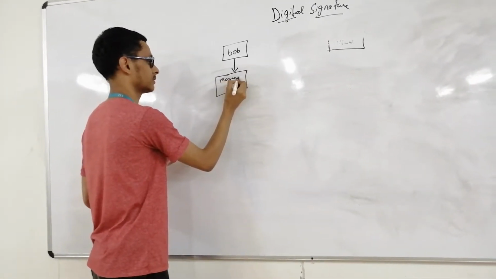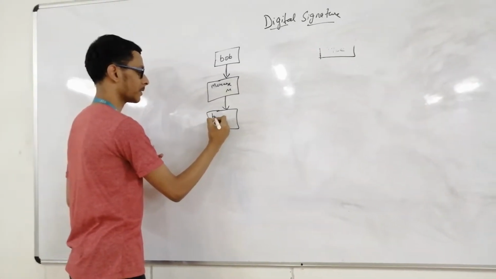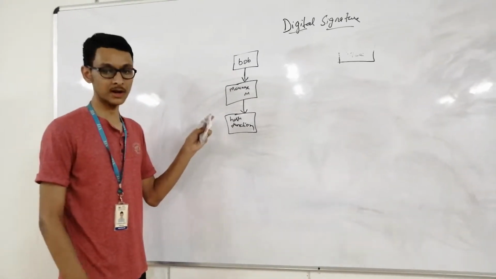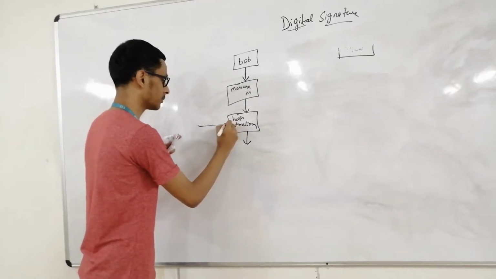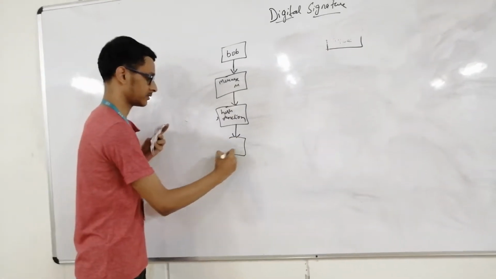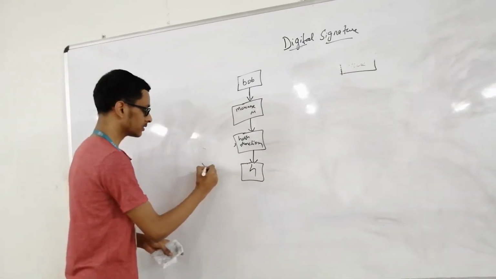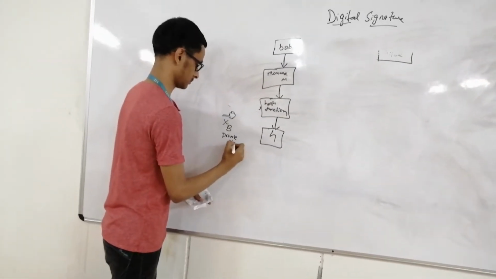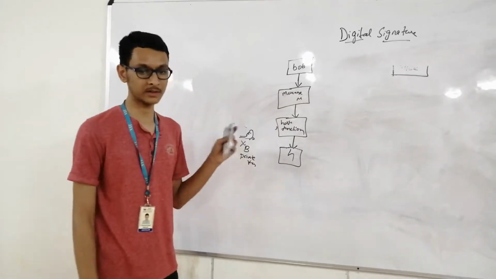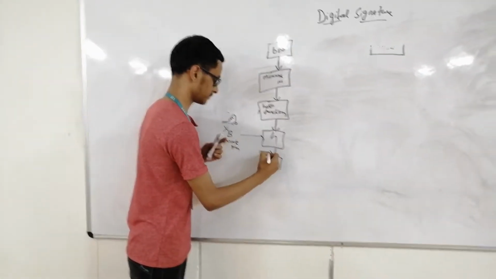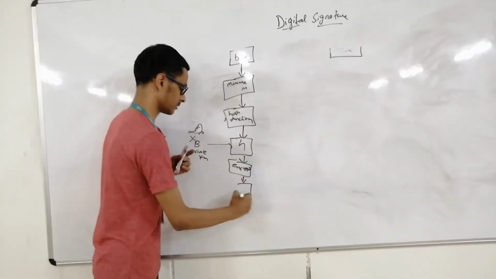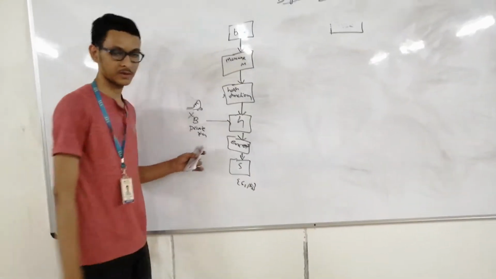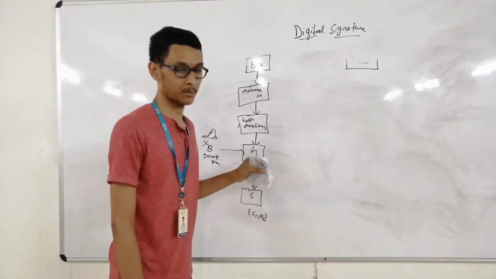Consider Bob sends a message M, and that message will be passed to a hash function, and with the help of this we will get H. Once Bob gets H, he uses his private key and encrypts it, and he will get S, which is nothing but S1 and S2. Similar to the Elgamal.